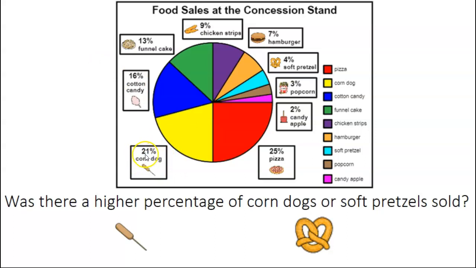Corn dogs is 21%. Soft pretzels is 4%. So which number is higher, 4 or 21? 21% is higher, so there was a higher percentage of corn dogs sold.